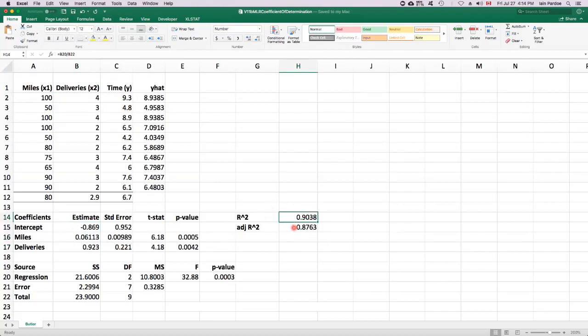There's also something called adjusted R-squared. The regular coefficient of determination is just called R-squared, but there's an adjusted version. The formula for that is given here.